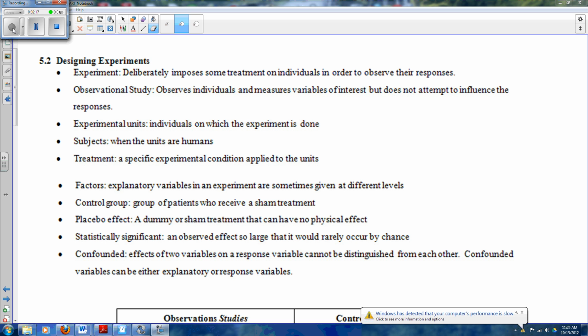So a lot of times, like in the last example I just said of looking at calcium, the effect of calcium on, say, blood pressure, you could do 2 different levels of calcium, like a high and a low, and then the third group would also be like a control group where there's actually no calcium in their pill at all. It's basically a sugar pill, and that's what the placebo is. There's no active medication in it, but they're taking a pill thinking that they're part of the study.